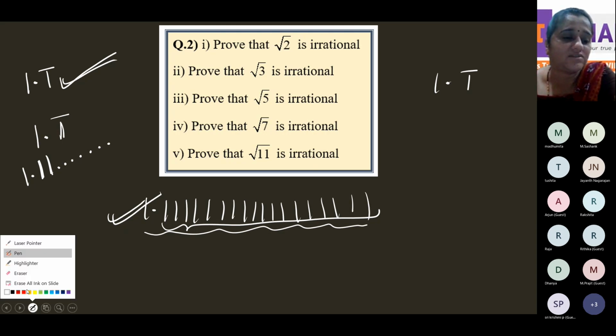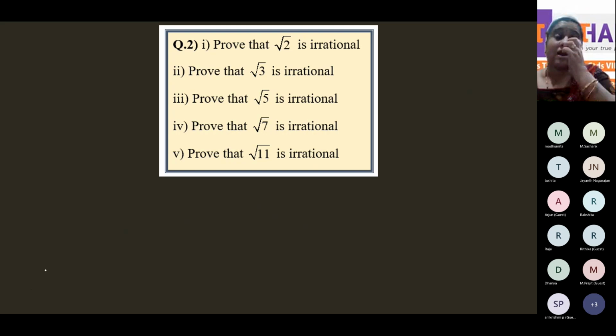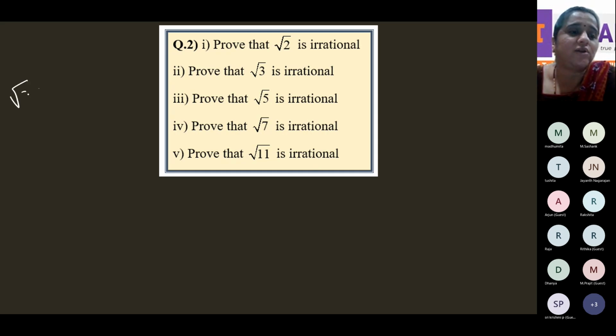Okay, so now we are going to understand how to prove. I was telling you that when you divide by 2, if the remainder is 0, it is even; if it is not 0, it is odd. In the same way, we know that root 2 is irrational.